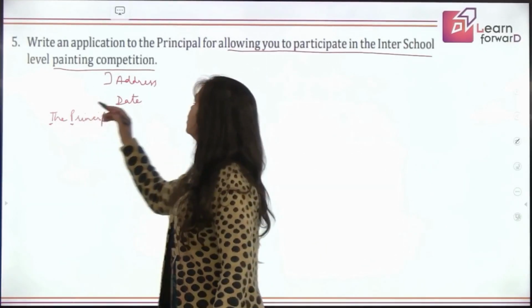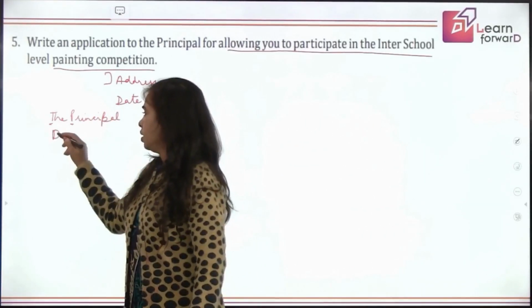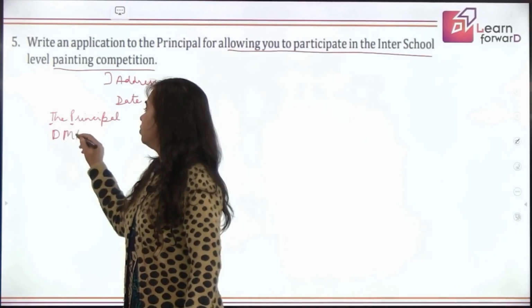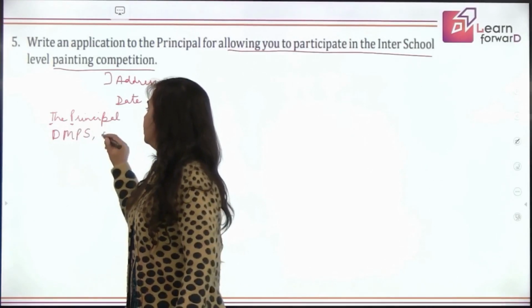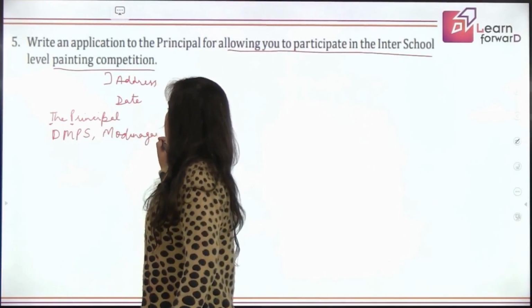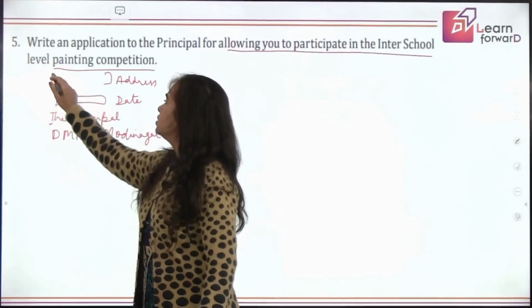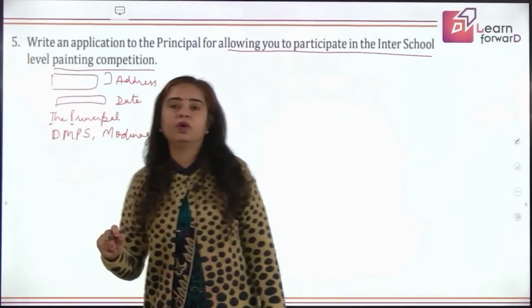And then you write which school is it? It's not mentioned. So you can just write the name of your own school here, DMPS Modinagar. Right? Here you will write the date. This is the place for writing your own address.